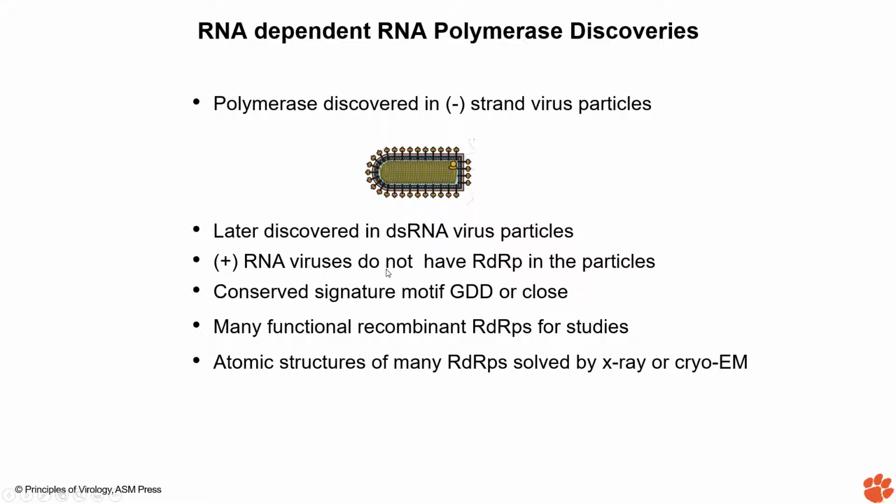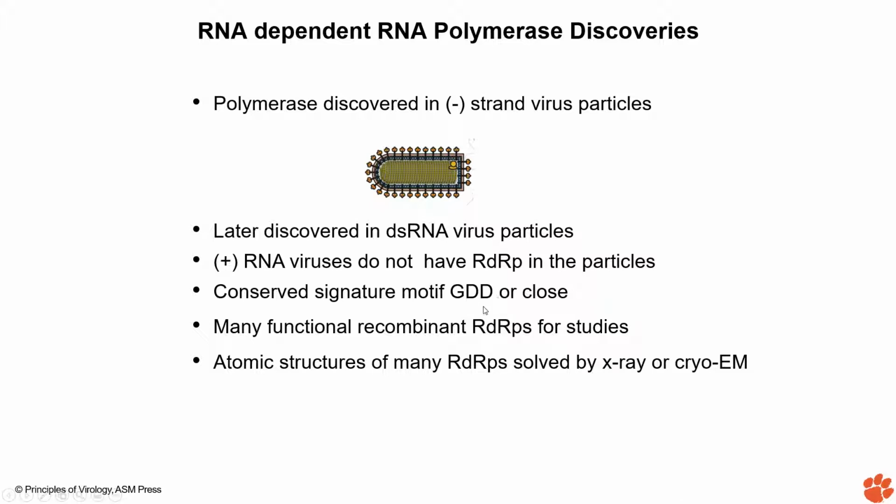So plus RNA viruses do not have the RDRP in their particles, whereas the minus RNA viruses always carry them. And they have a conserved motif. These are independent RNA polymerases called GDD. You have a glycine aspartic acid motif, the GDD motif.